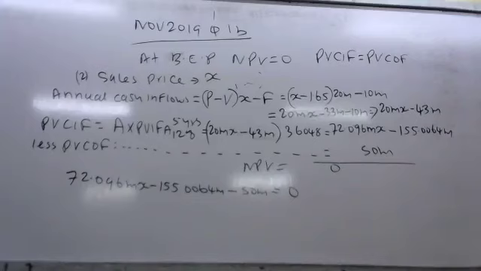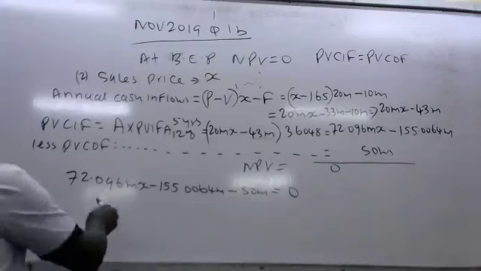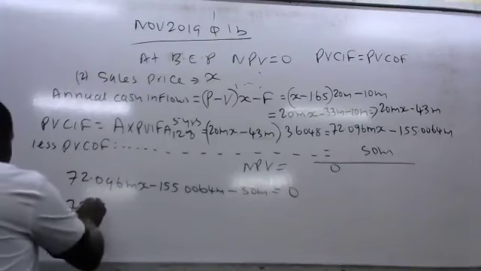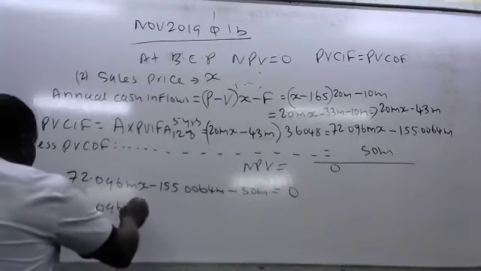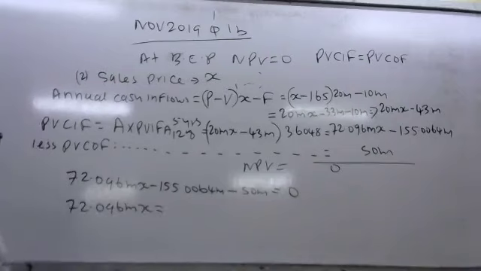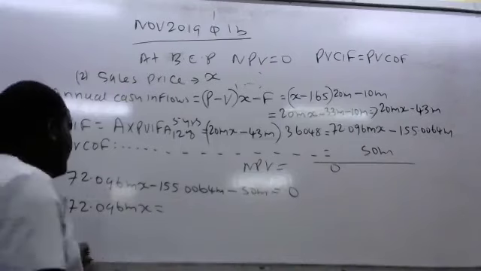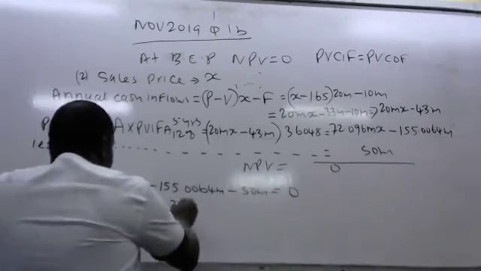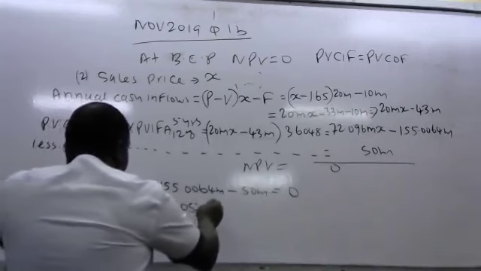We also collect the like terms. This should be 72.096 X, which should be equal to, when those cross to the other side they become positive, positive 205 points.